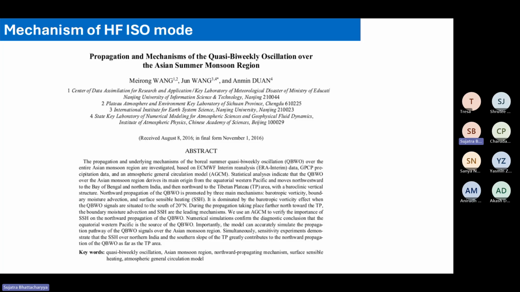So they found that south of 20 degrees north, the barotropic vorticity picked up, and at around 20 degrees, surface sensible heating and the moisture advection play the driver of this northward propagation, and above 20 degrees, SHS becomes an important driver of the northward propagation.